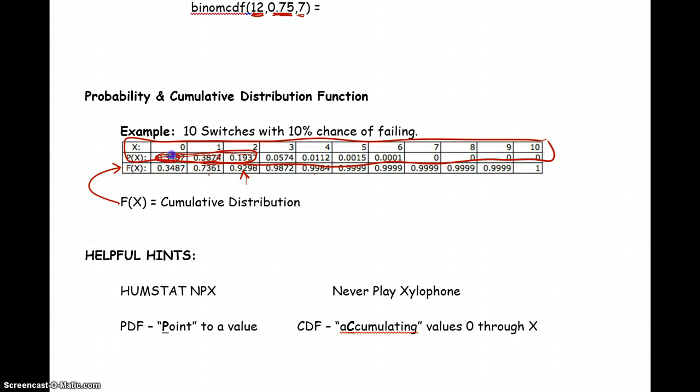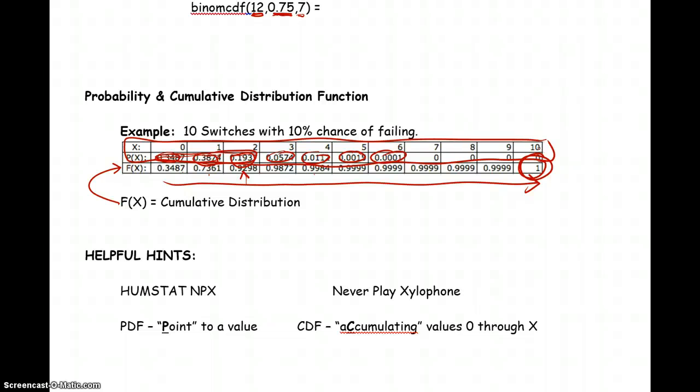So all of these are between 0 and 1, and you can put them in your calculator, they will eventually add up to 1. This bottom row is totaling them as you go, so it should get closer and closer to being 100%, because that is the total. You're adding them all up as you go.